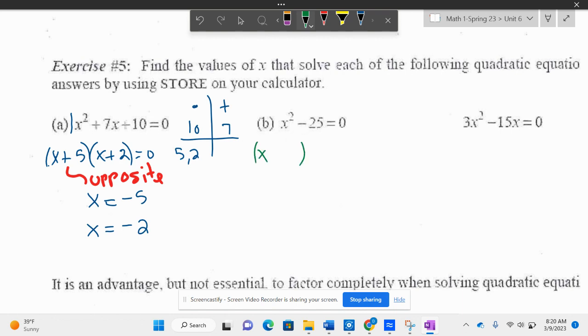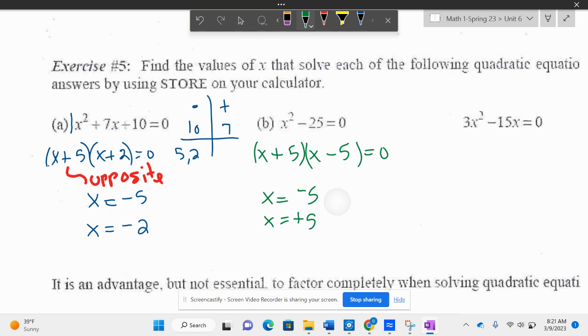X. And what is the square root of 25? 5. So I do x plus 5 and x minus 5 equals 0. So what are my two roots or my solutions or my x-intercepts for this quadratic equation? X minus 5 and x plus 5. So x equals negative 5 and x equals a positive 5.